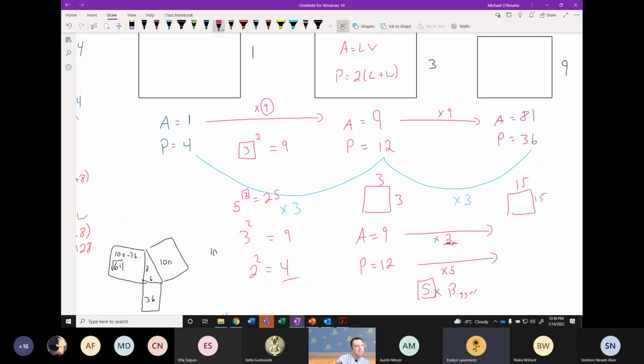I bet it'd be 25 times bigger, because 2 squared was 4, we times it by 4. 3 squared was 9. So if we made it 5 times bigger, it'd be 5 squared, which is 25. So I bet the area would be, what's 9 times 25?